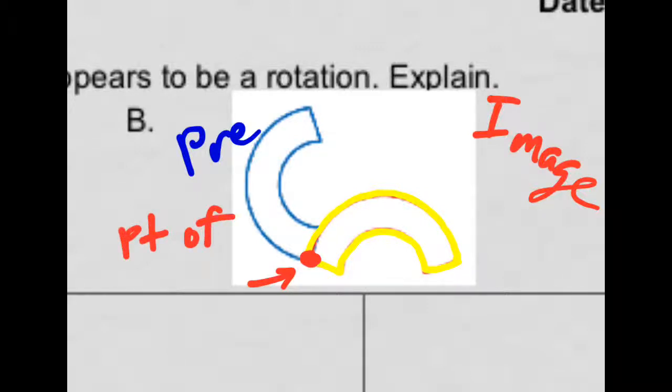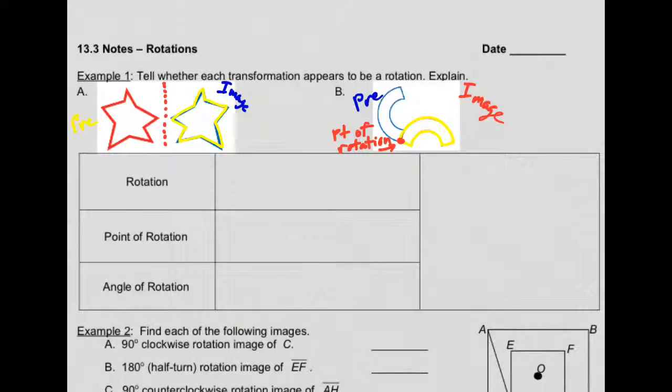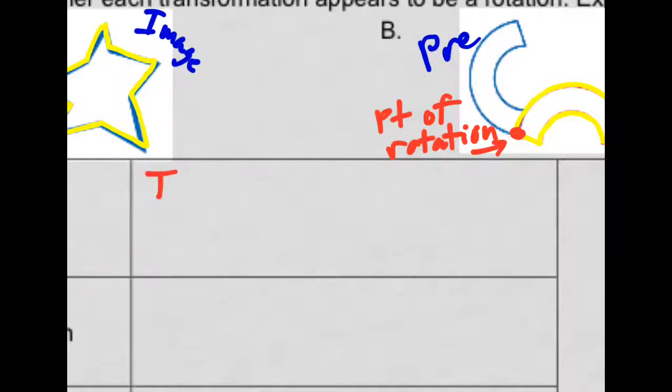You don't have to write this down because you're going to be writing it down just below there, but this is your point of rotation. So, rotation is just turning a figure around a point.